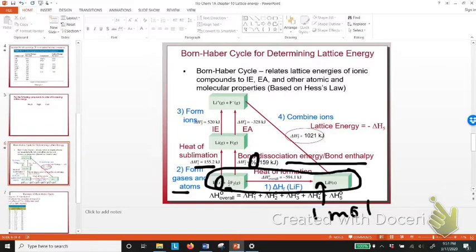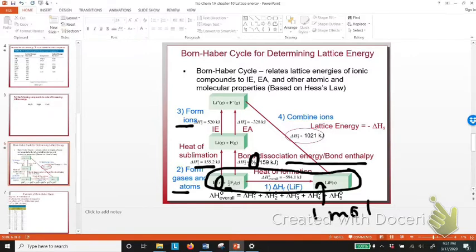After you've formed gases and atoms, your third step is you want to form ions. Oh, and I forgot to mention about fluorine. Notice fluorine is already a gas, so we didn't have to do anything to the state of fluorine. When we form ions, remember 1 we're going to turn into a cation, and 1 we're going to turn into an anion. The lithium is the metal, so we're going to turn that into a cation, so it's going to lose an electron.